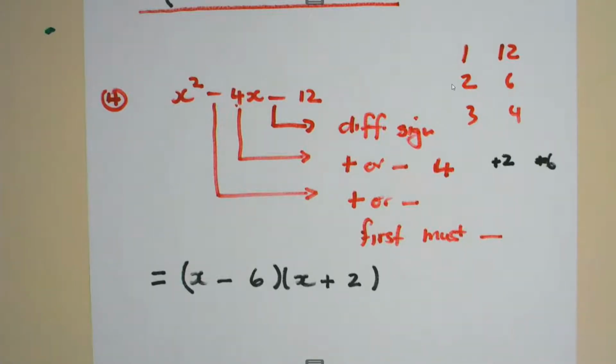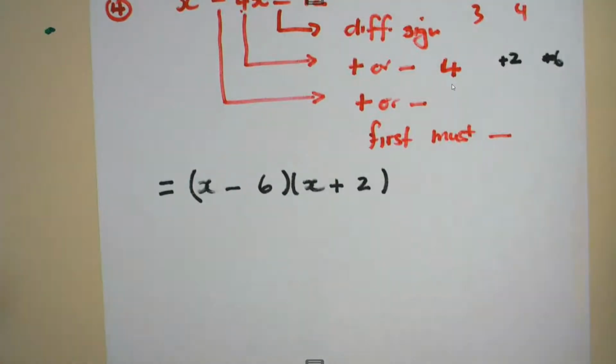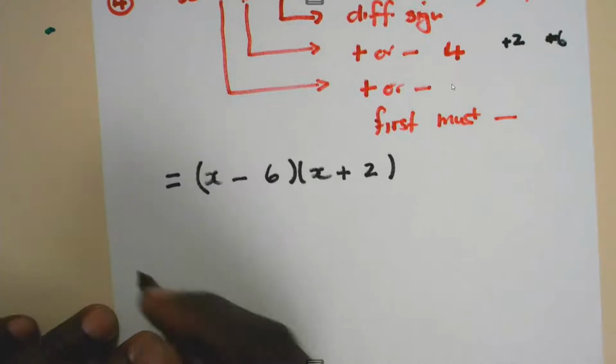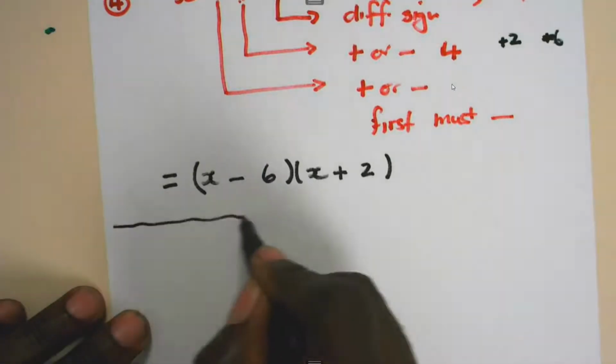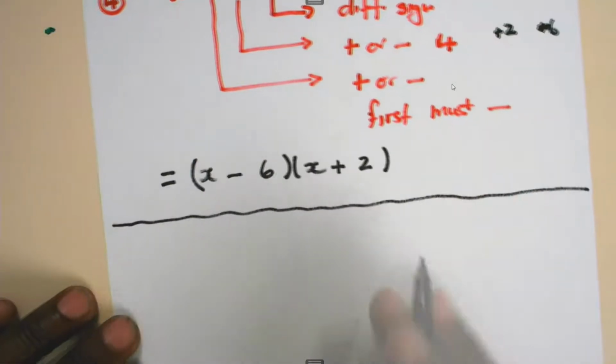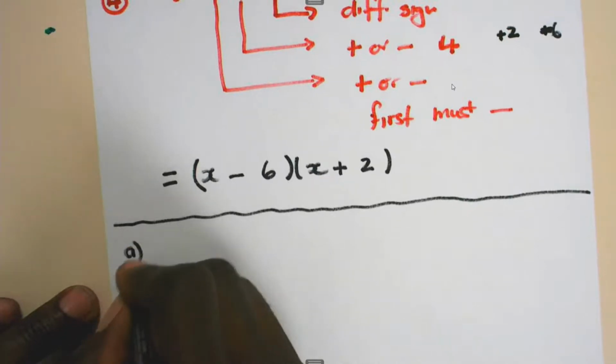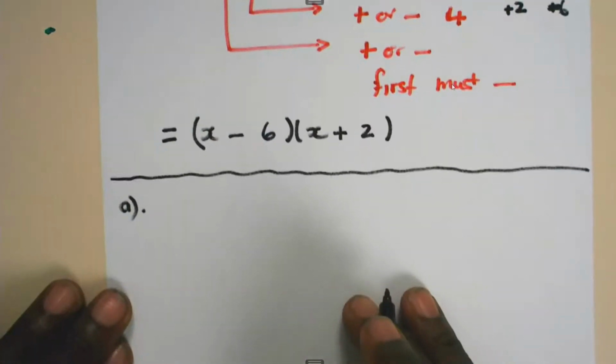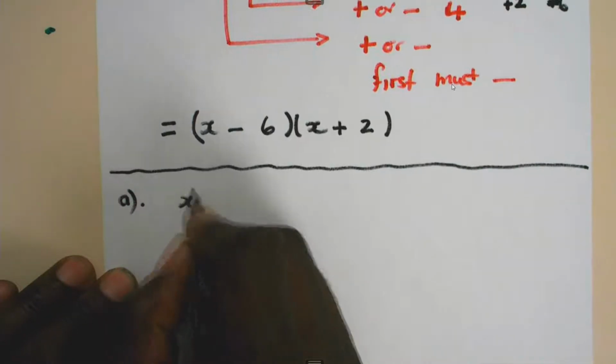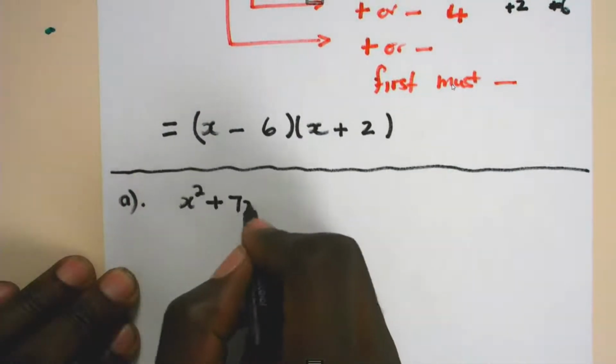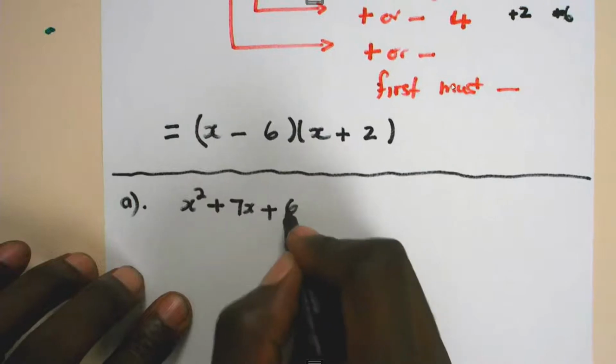Now, let me give you something that you can go home and start to do at home. Here are the following. You can do this at home and try to explain the way I tried to do them. Number A is x squared plus 7x plus 6.